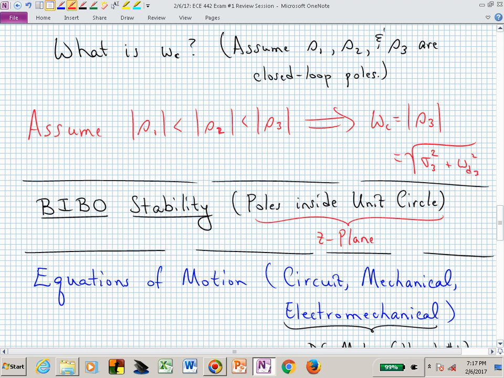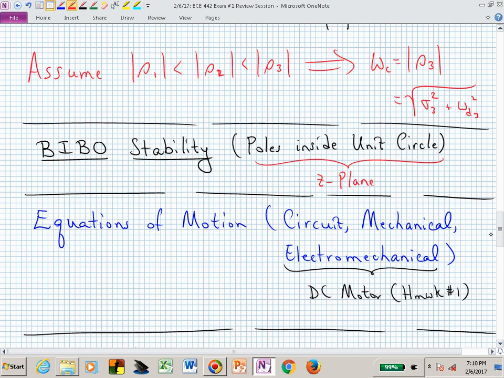Other questions? Equations of motion. You should be comfortable finding the equations of motion for a circuit, for a mechanical system, for an electromechanical system, and how do you use that? How do you put those into a state space representation?